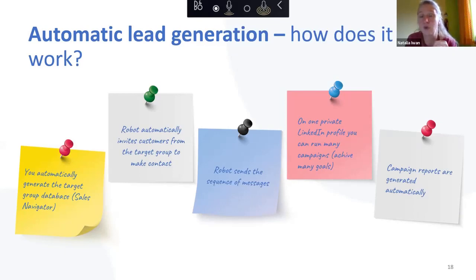What is important, the sales robot works only on private profiles, not on company profiles. And I will show you how easy and nicely the sales robot works, because I can imagine that it generates all kinds of statistic reports automatically also.